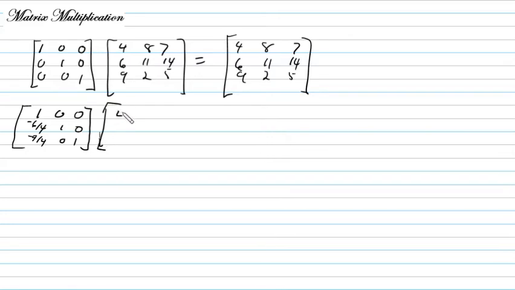I'm having a little difficulty controlling my little pen here. And so over here, it's one of this row plus none of these rows. So that's going to give us 4, 8, 7.